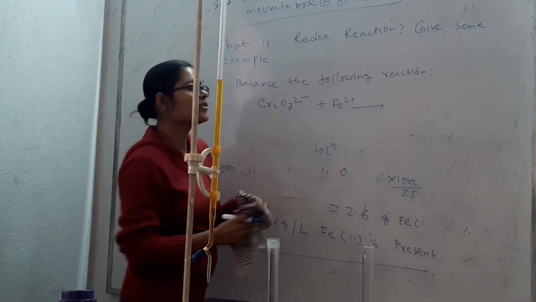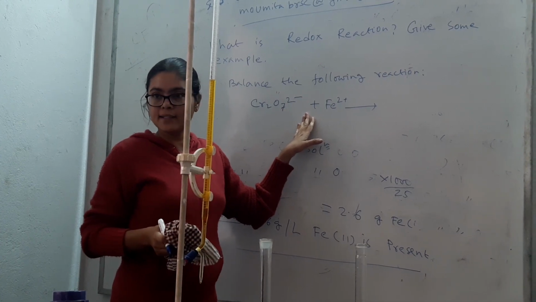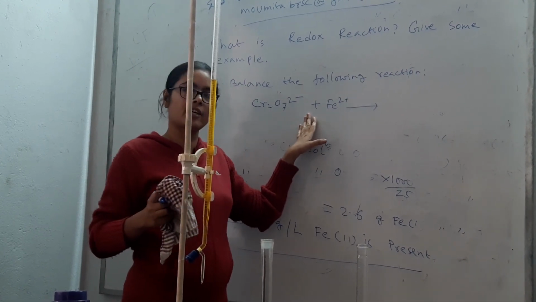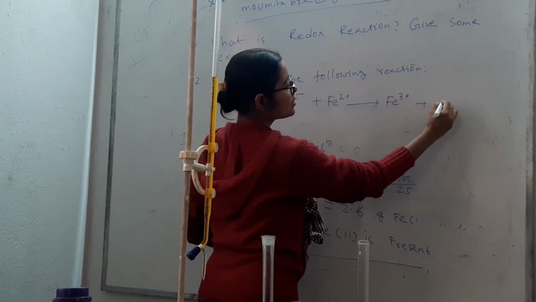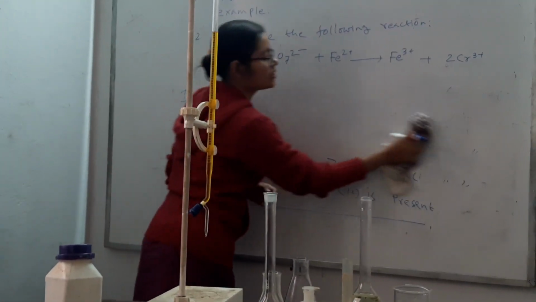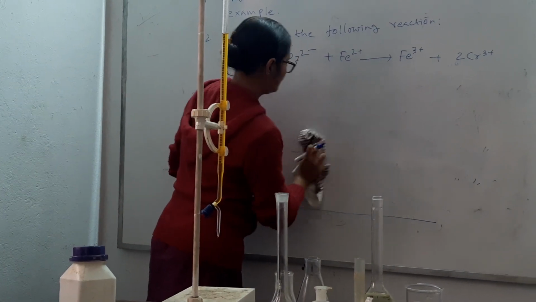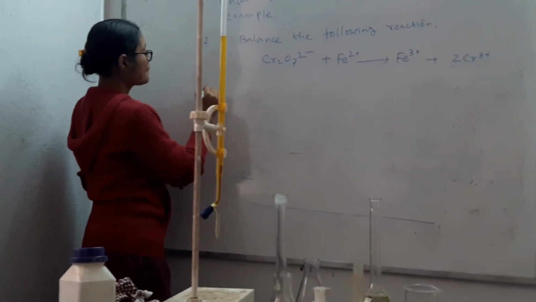I am using this reaction. Okay. I did not balance this. You try to balance this reaction yourself. I know 3 plus, 2 here 3 plus. Okay. So balance this reaction. Then number 3.